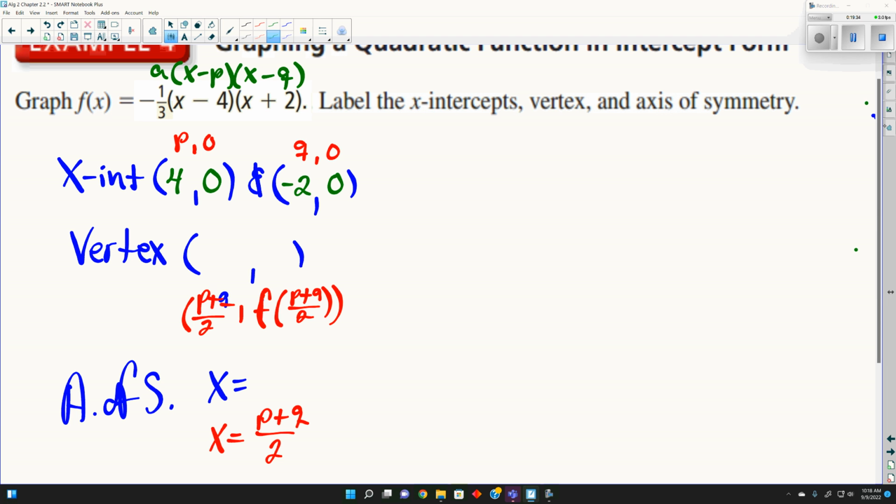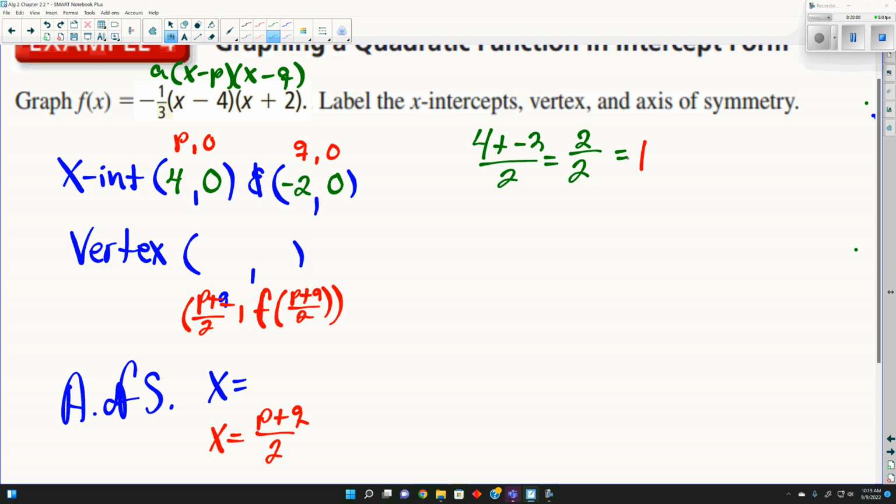So we know p and q are 4 and negative 2, yes? So to find the vertex and really the axis of symmetry, we're going to add those two together. So let's see here. So 4 plus negative 2 over 2. Yeah. 4 plus negative 2 is 2. And 2 over 2 is 1.